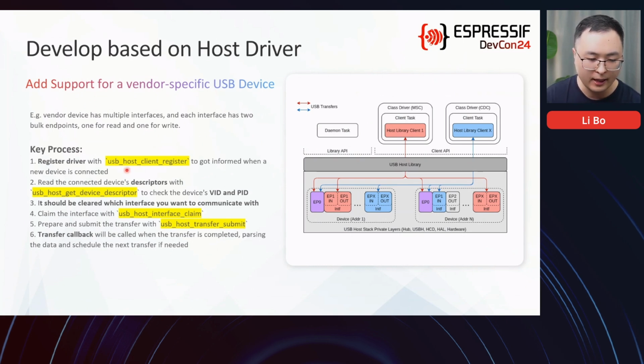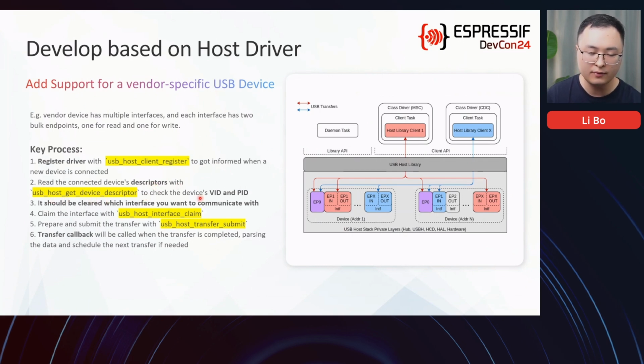So first step, you need to register your driver to the USB host library, to get informed when a new device is connected. If you're not registered, you get no inform for the new device. And after the USB device is connected, you can read the device's descriptors with another API.